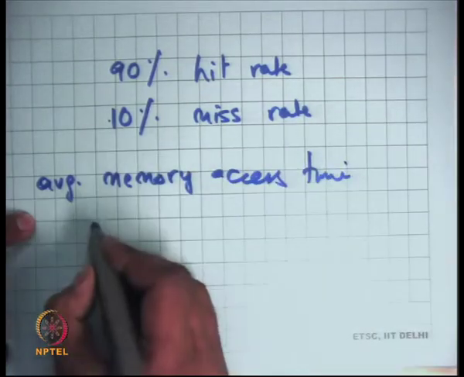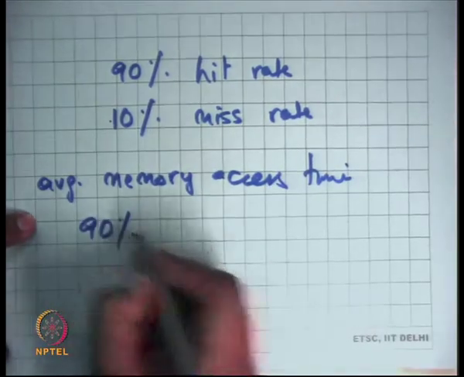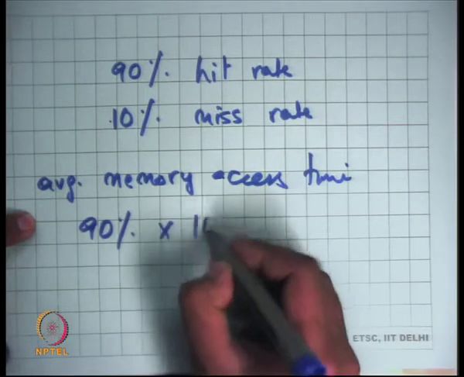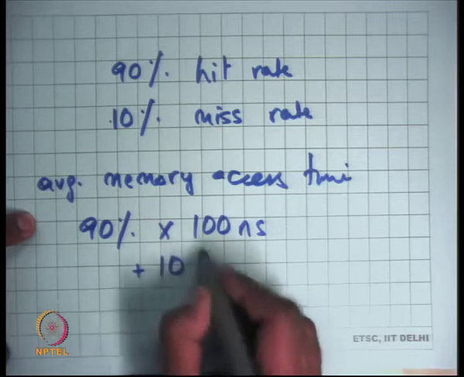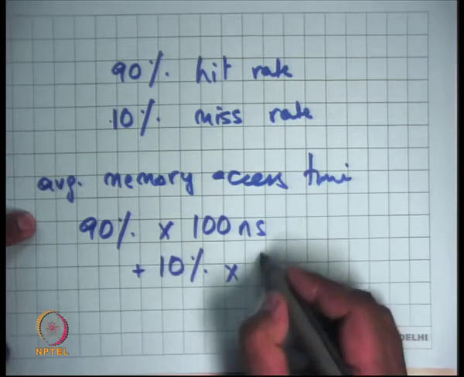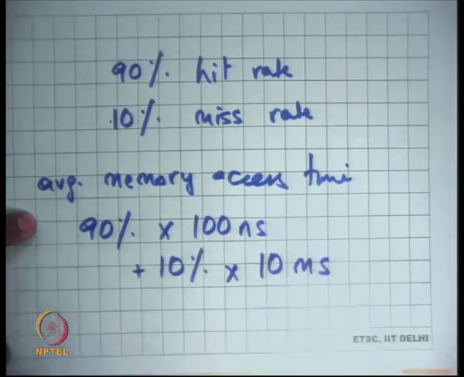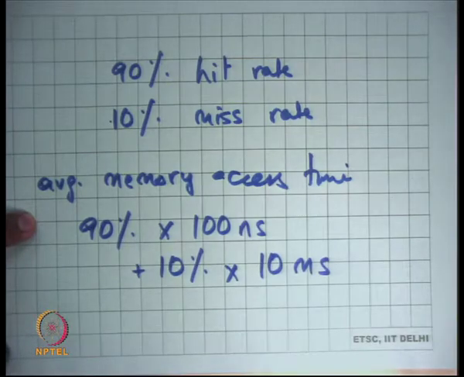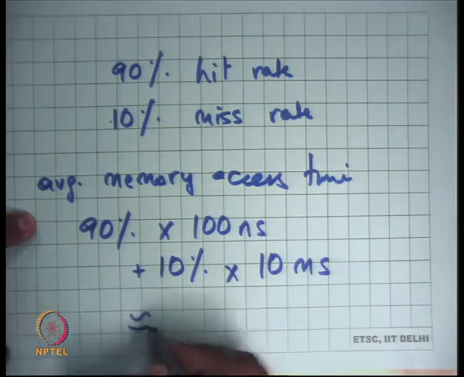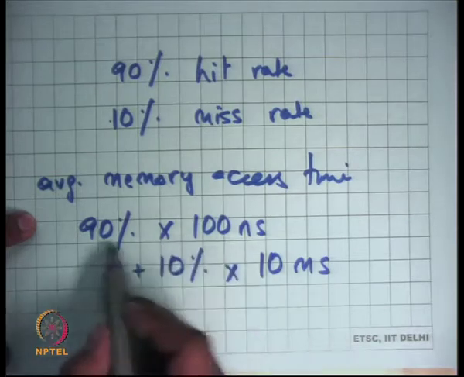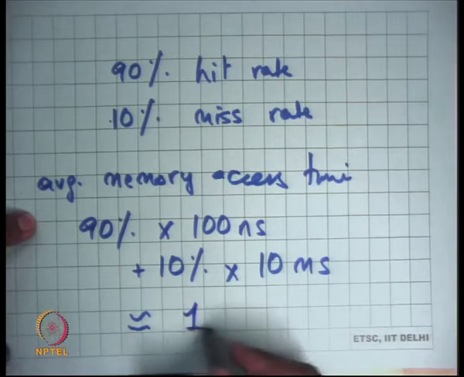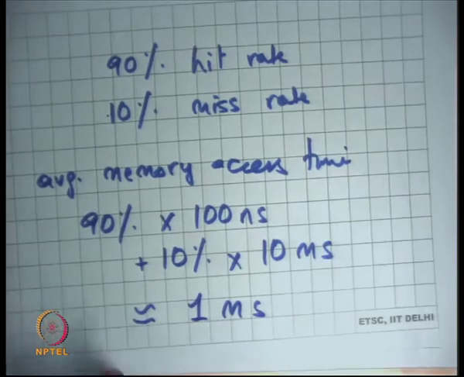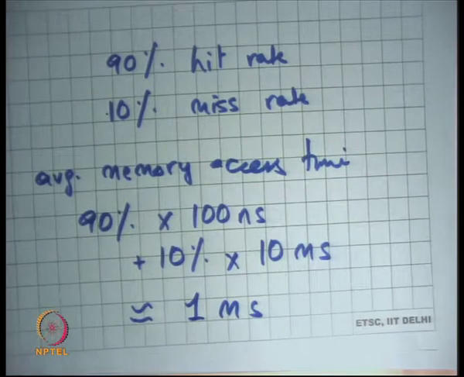Well, it would be 90% of, let's say, 100 nanoseconds, plus 10% of, let's say, 10 milliseconds. This first cost is almost 0; it's actually 10% of 10 milliseconds, which is roughly equal to 1 millisecond. So on average, every memory access is going to take 1 millisecond.